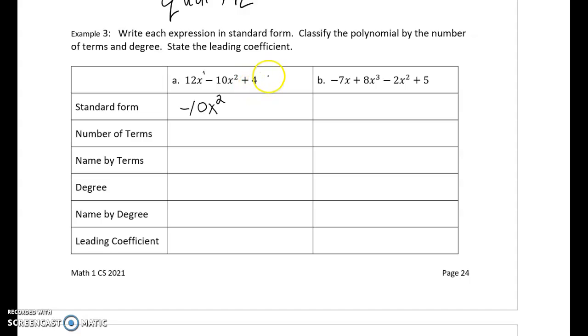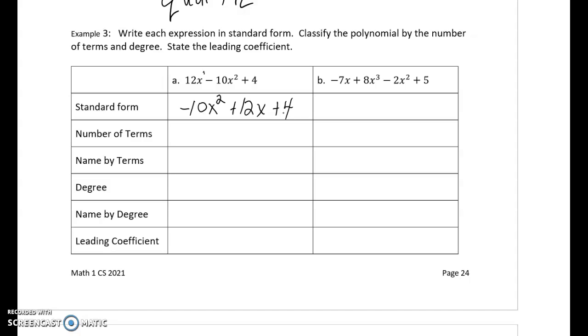This one doesn't have a variable, so we assume the exponent is 0. Therefore, we write the 12x next, and then the 4 last. There is our polynomial in standard form.